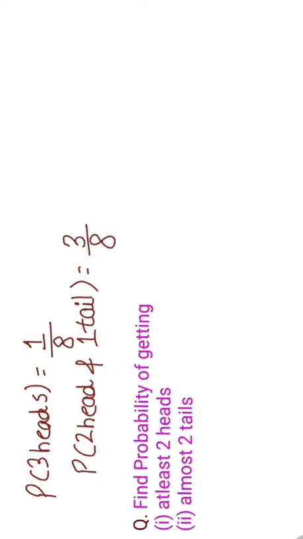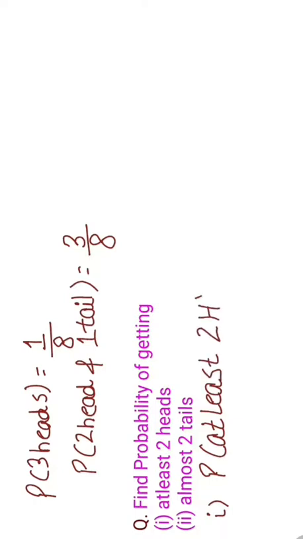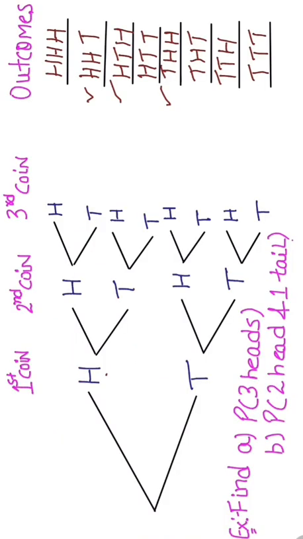Now find probability of getting at least 2 heads. See, at least 2 heads means there can be 2 or more than 2 heads, but not less than 2 heads. So consider the cases where there are 2 or more than 2 heads. Observe these 3 outcomes have 2 heads, and you can include one more outcome having 3 heads.